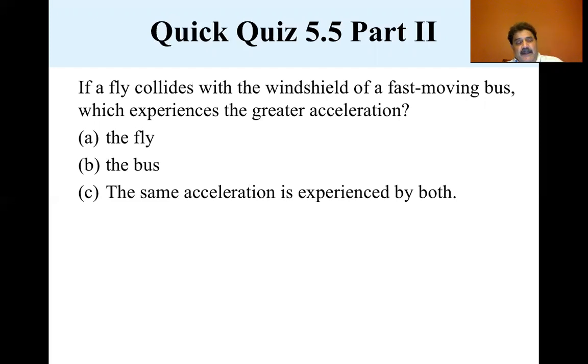So the force is the same on each, but since the mass of the bus is so much greater, the acceleration is, you remember, F1 over F2 is equal to, I'm sorry, I think mass 2 over mass 1. The acceleration is 2 over 1. The acceleration is greater for the fly because the mass of the bus is so large.